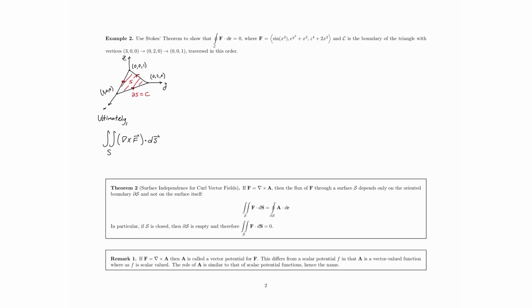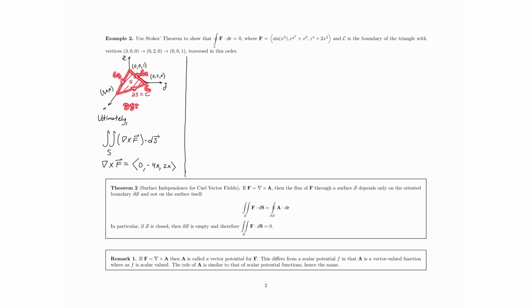Well, if we actually take the curl of F, let's get that out of the way. The curl of F ends up being (0, -4x, 2x). That is the curl of F. The reason using Stokes' theorem is nice here is because if we didn't use it, we'd have to parameterize this path, call it C1, this path C2, this path C3.